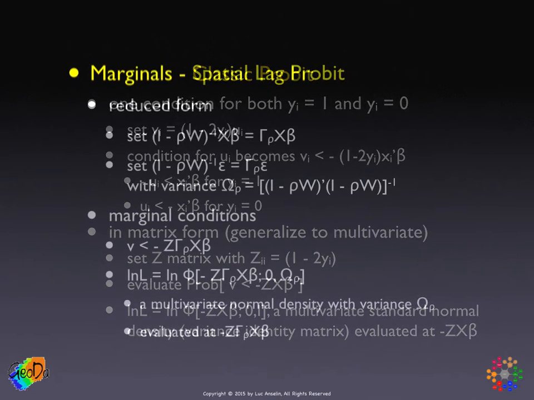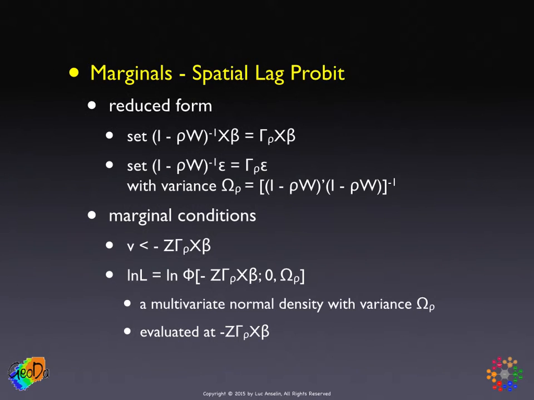So for the spatial lag model, there are two changes. First of all, we no longer have x beta, but we have from the reduced form I minus rho W inverse x beta. And in their notation, we write this as gamma sub rho x beta. So again, this is a matrix times a vector, so it turns out to be a vector just like before, only it's a little more complicated now, and it contains the parameter rho.